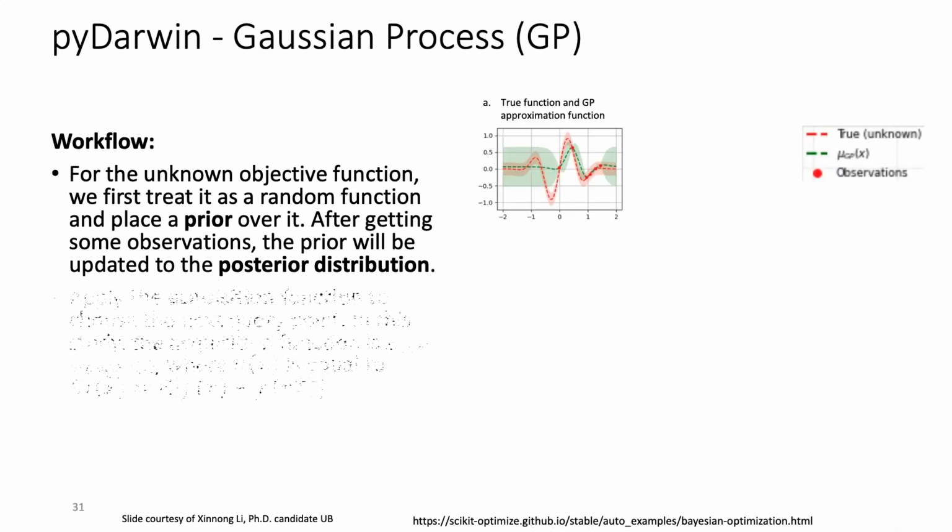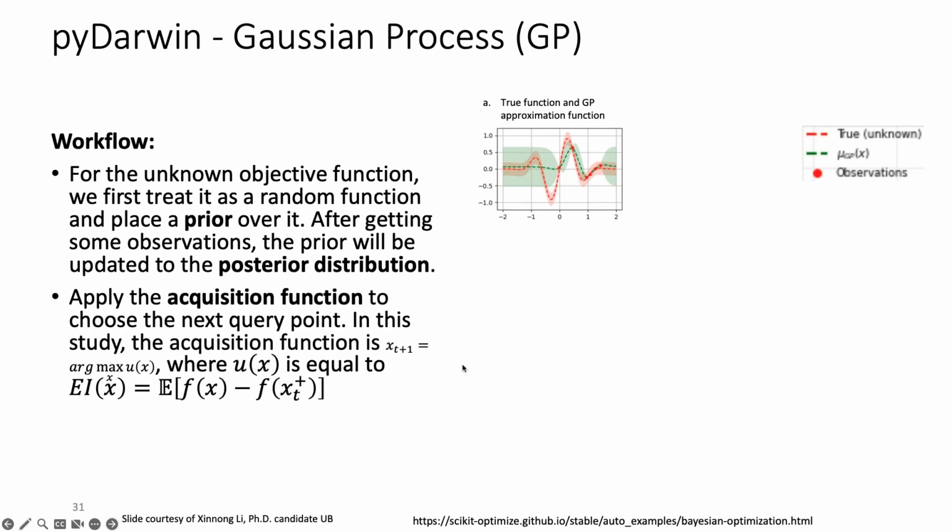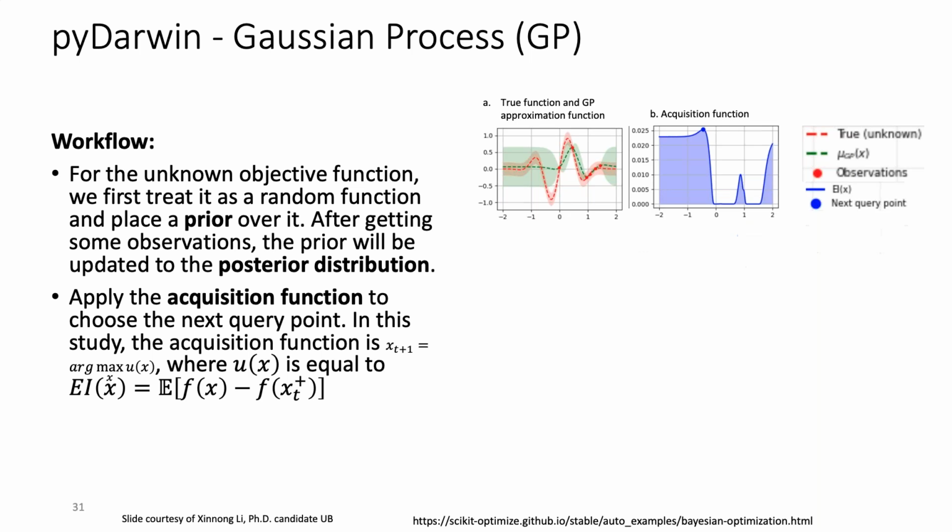All right, and so what we have here is the true function. You can see in the red with the pink band, and the red dots are actual observations, and the green is the initial Gaussian function to approximate this. We apply an acquisition function to choose the next query point, sort of ask, okay, what if we try this? And then we calculate that point, and the algorithm updates this component.